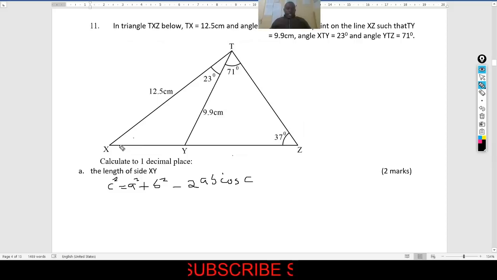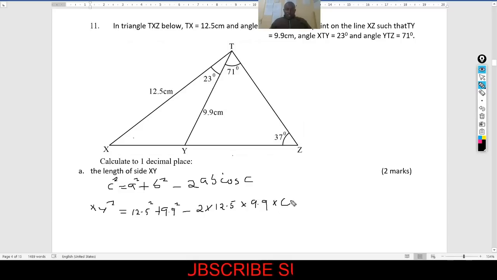So we use the same concept here. We say that XY squared equals 12.5 squared plus 9.5 squared minus 2 times 12.5 times 9.5 times the cos of 23.